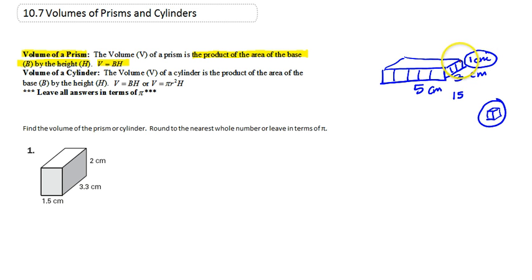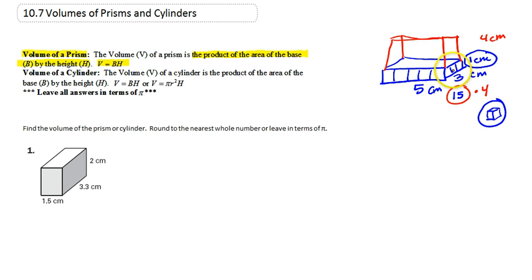Now let's imagine that instead of it being a 1 centimeter high prism, it was taller, or 4 centimeters high. Now instead of one layer of these 15 cubes, I would have 4 layers.